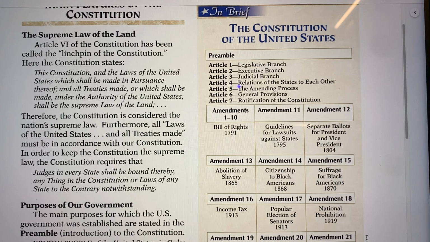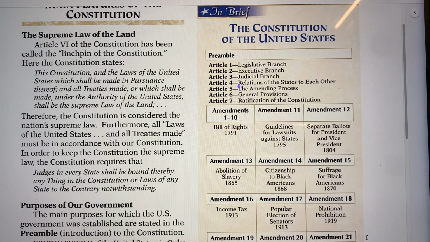Article 4 describes the relationships between the states to each other in the Constitution. So Article 4 is important to know how the states relate to each other and to the Constitution. Article 5 is very important because it describes making amendments or changes in the Constitution. There are 2 steps involved. The proposal, which is made by 2/3 of votes in both houses to propose a change in the Constitution.